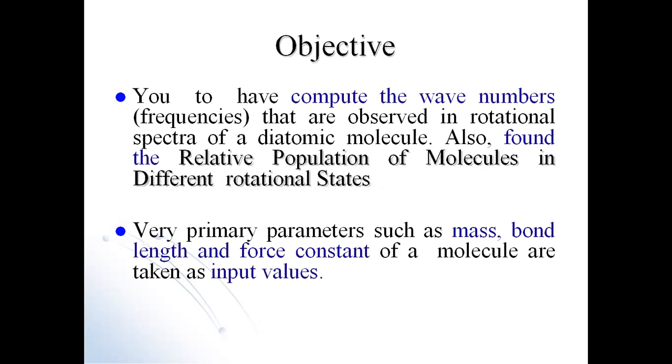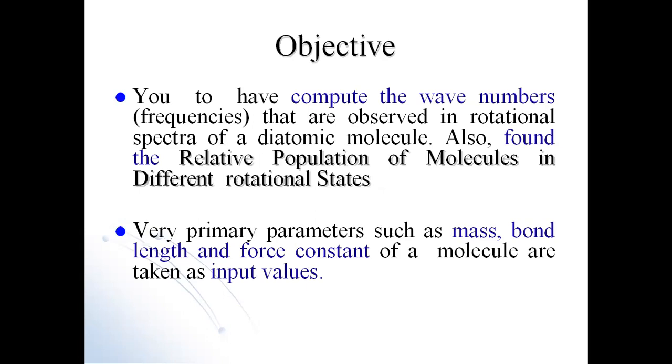Here I have selected the molecule HF because some experimental evidence is also available. So when you calculate the rotational spectra, or the rotational energy, or the rotational constant, or the wave number of the rotational line, you can compare your result with the experimental finding.